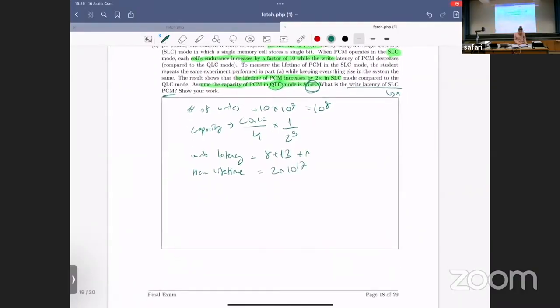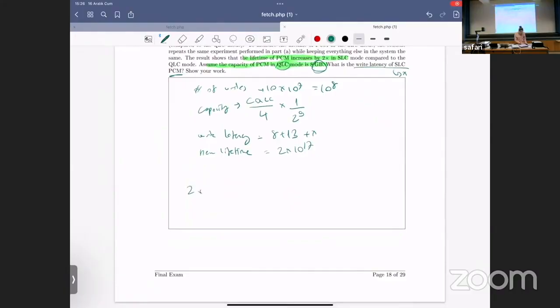Now we need to just solve this equation again, which is 2 times 10 to the 17 equals this capacity over 2 to the 11 times 10 to the 8, which is the number of writes, times the latency. And we know this one to be 8 gigabytes. And then if we solve for X in this equation, it's going to be something like 2 to the 12 times 10 to the 9 over 8 times 10 to the 9, times 8, minus 21. Okay, any questions?